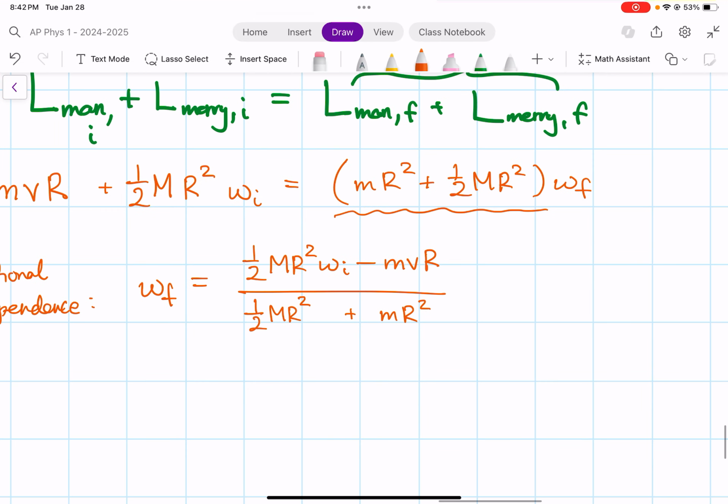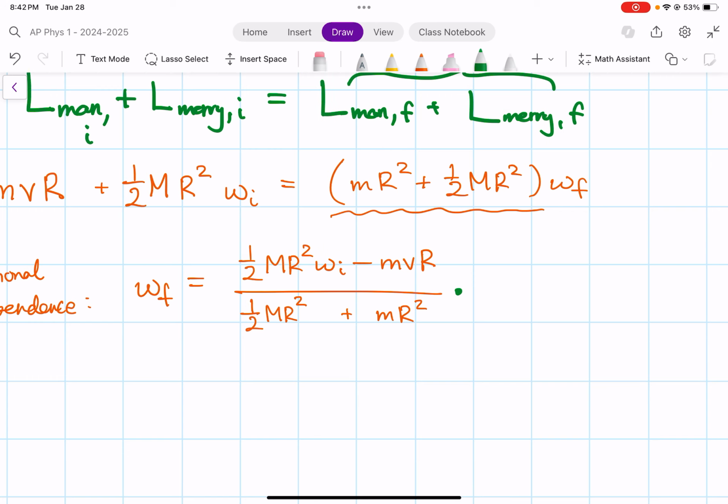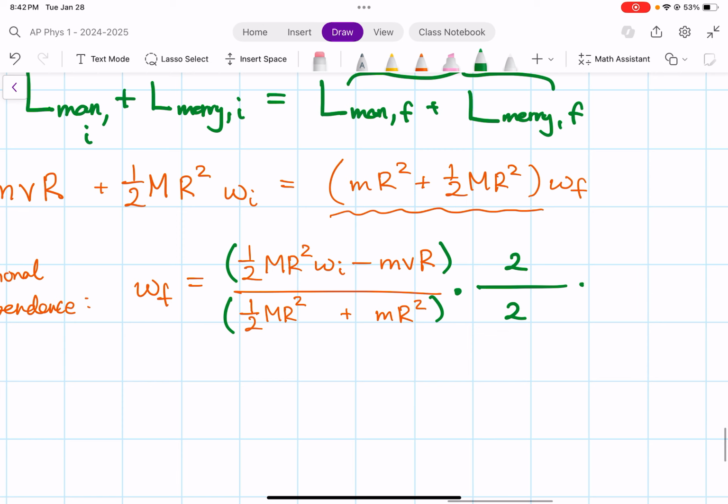And I also want to simplify this a little bit. I notice I can do some stuff to the top and bottom here. So let's put some parentheses, and let me go ahead and multiply top and bottom by 2. And let me also multiply by 1 over R squared over 1 over R squared, because I notice I have a lot of R squareds here that I can sort of get rid of.